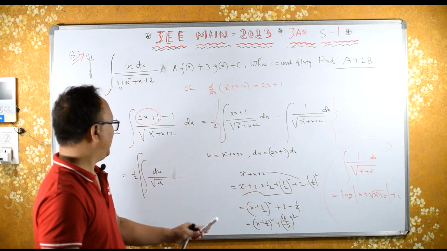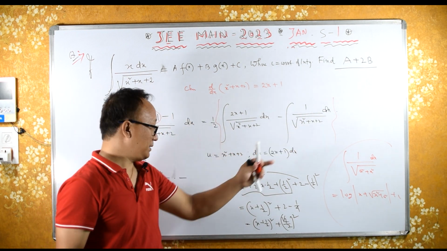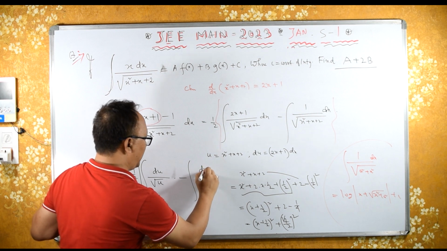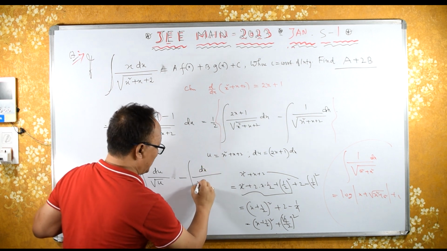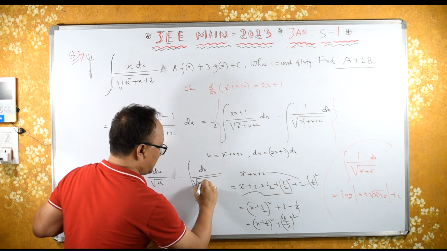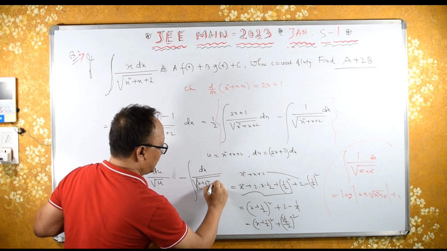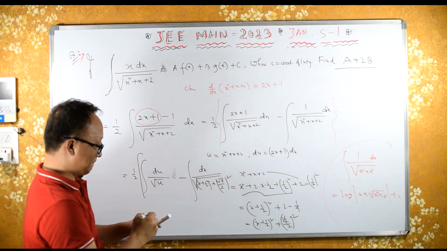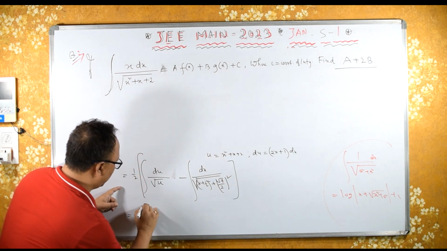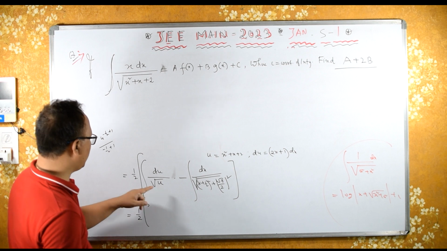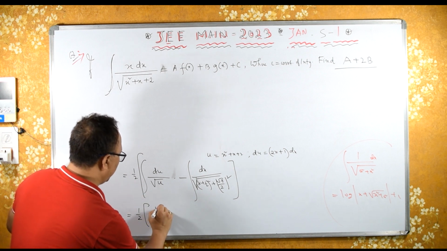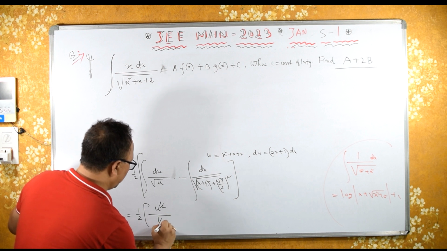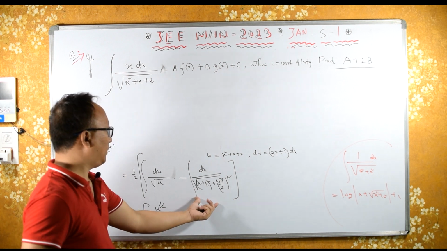Therefore, instead of this, what I can write is dx upon square root of x plus half the whole square plus root 7 by 2 the whole square, equal to half, u raised to half upon 1 by 2, minus. Now let's apply this formula.